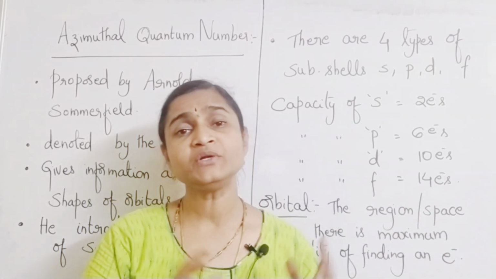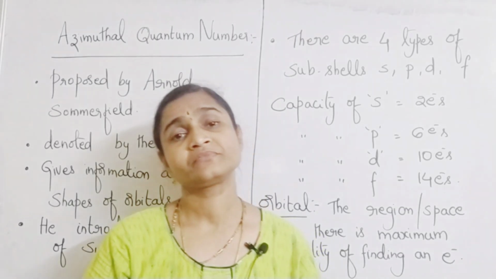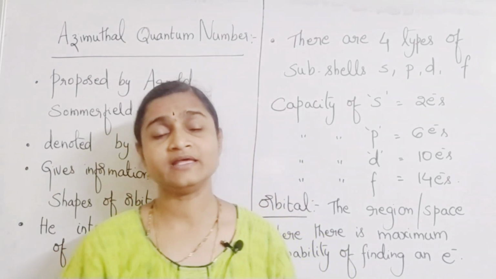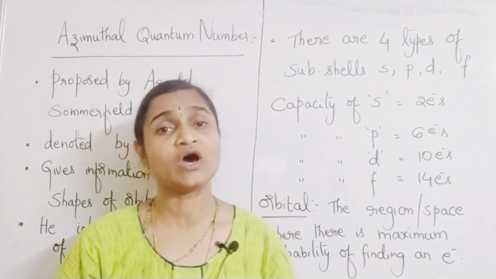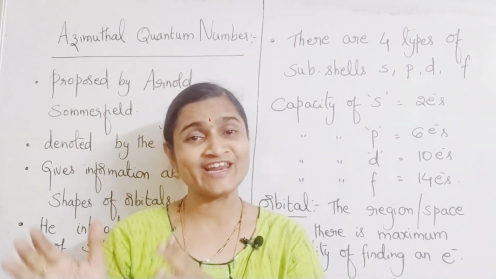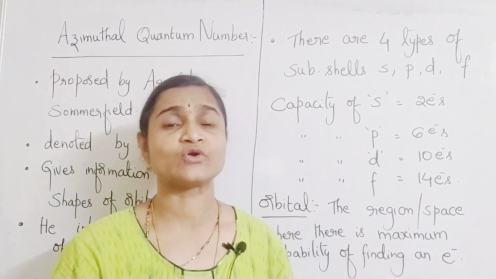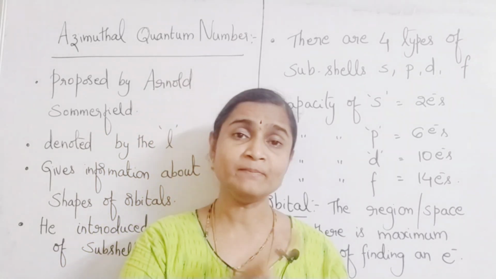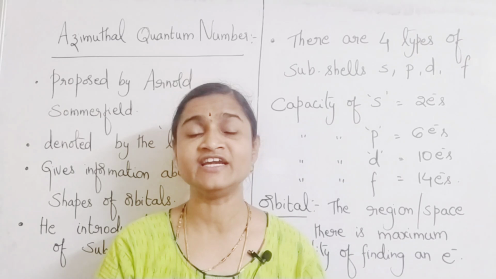Now subshells are further divided into orbitals. Like inside the classrooms you will find benches, so benches are like orbitals. And the children sitting on those benches in an arranged way are like electrons. So different floors are compared with shells, and each shell is further divided into subshells.